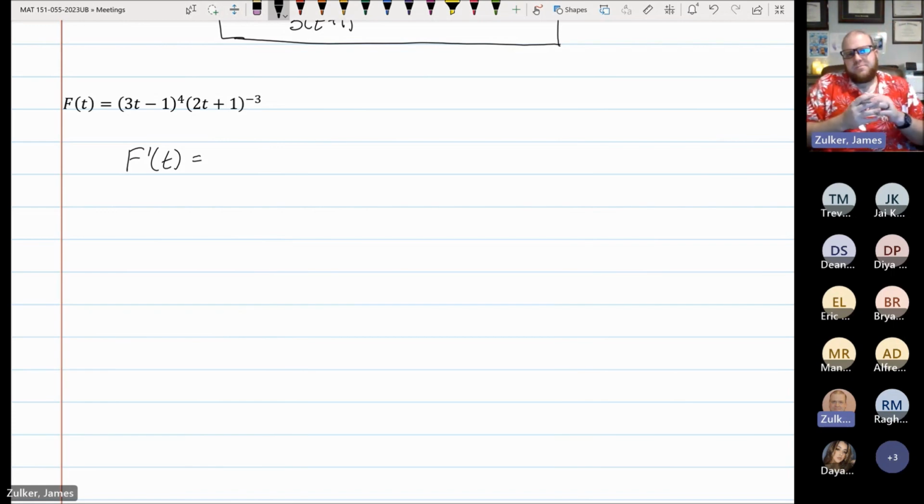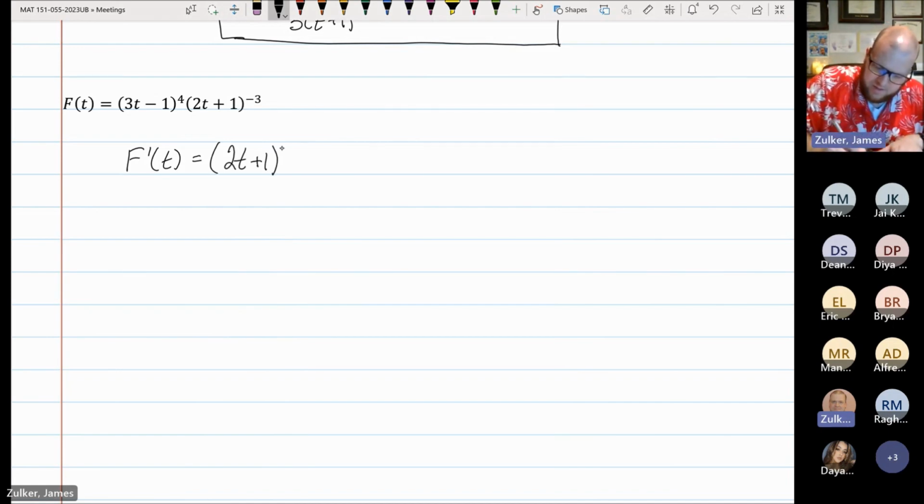This is a product rule. Second function times derivative of the first, which is a power function. So general power rule, 4 times the derivative.